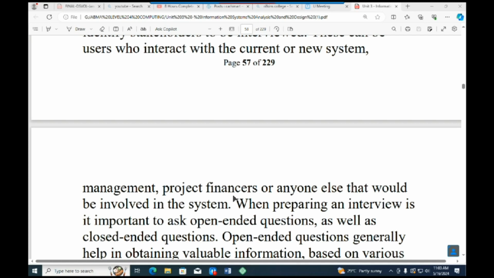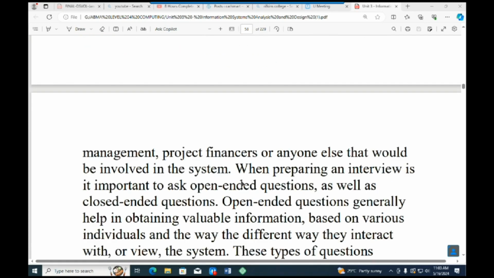The open-ended questions are questions we use to obtain more valuable information based on the individual, the way different people interact with the system, the way different people view the system, and also the system itself.